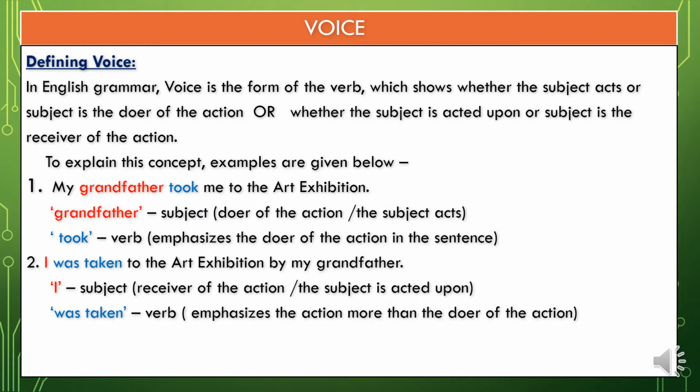The verb denotes that the action has been done upon the subject. The subject is acted upon, or the subject is the receiver of the action. So here, was taken, the verb, emphasizes the action more than the doer of the action. In the previous sentence number 1, the verb emphasizes the doer of the action.